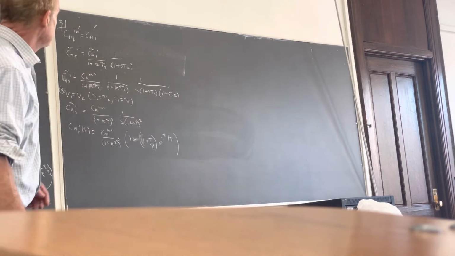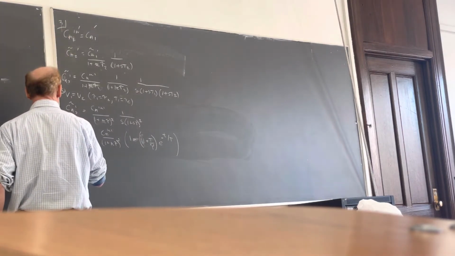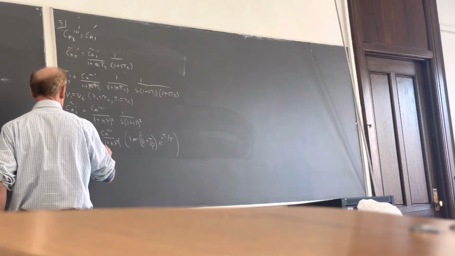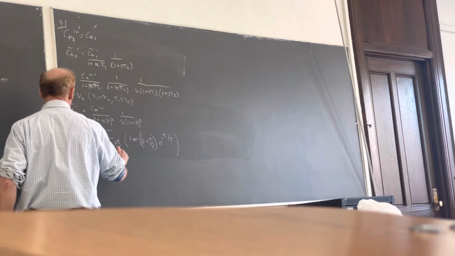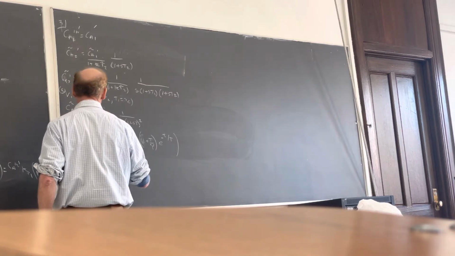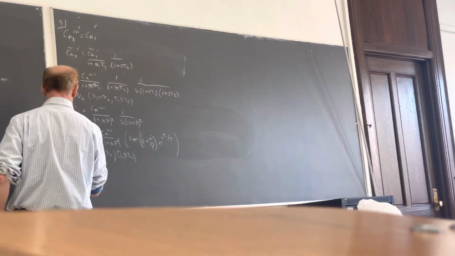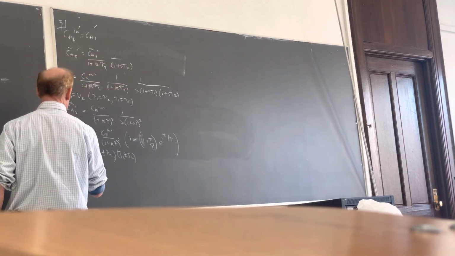Let's do the case where T1 and T2 are different. V1 not equal to V2, so tau 1 not equal to tau 2, and T1 not equal to T2. So now I have CA2 prime of t.